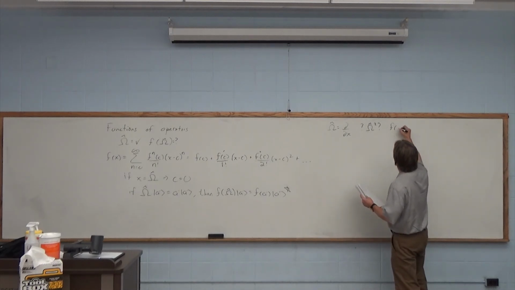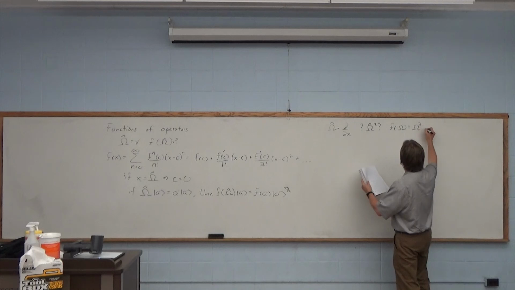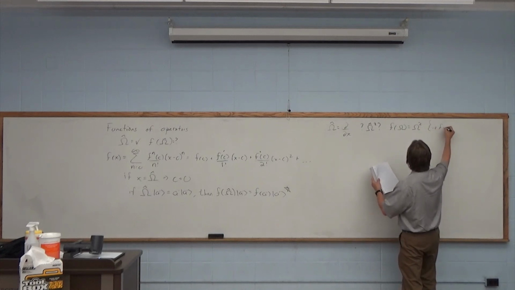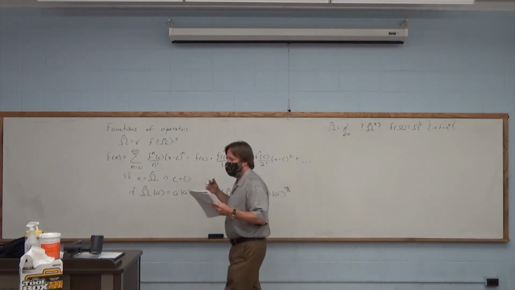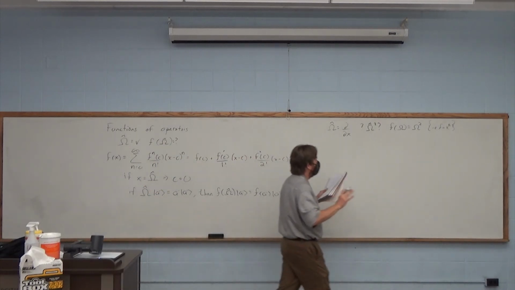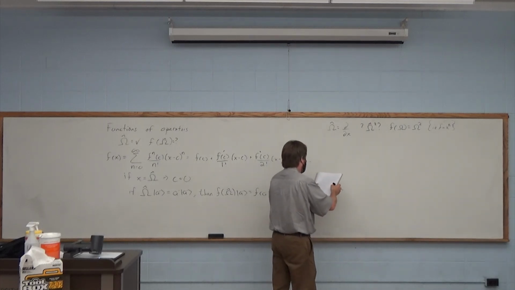In our language, f of the operator is the operator squared. Now, let's be more plain spoken. Let's try to make it a little familiar. It's just the square. f is x squared. I just want to make this more familiar to you. This is really what we're doing.